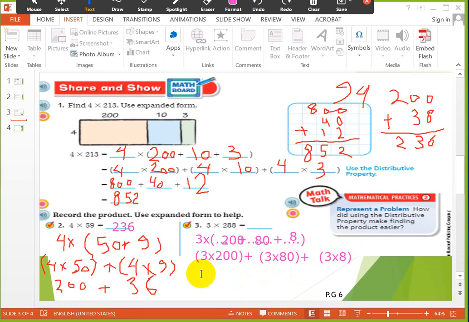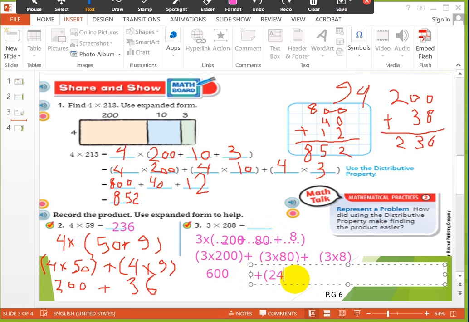First thing, 3 multiply 200. I will multiply 3 with 2 equals 6, and put 2 zeros next to the answer, so it will be 600, plus I will multiply 3 with 80. Okay, 3 multiply 8 equals 24, right?